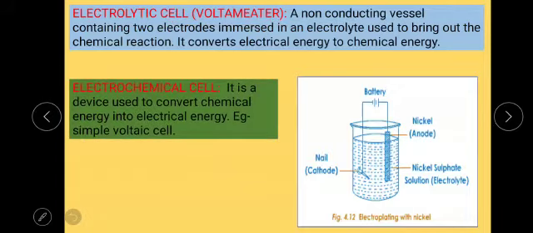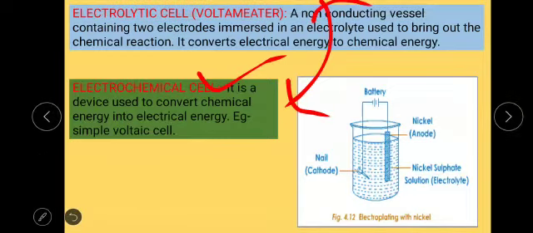Next point is electrochemical cell. It is a device used to convert chemical energy into electrical energy. Actually, in this chapter, there is no need to learn this definition by heart. Just to differentiate these two, I give both the definitions here. Just I'll give you an example.